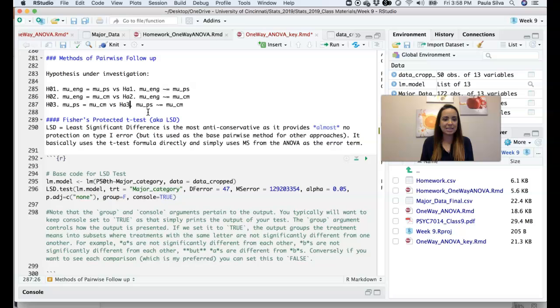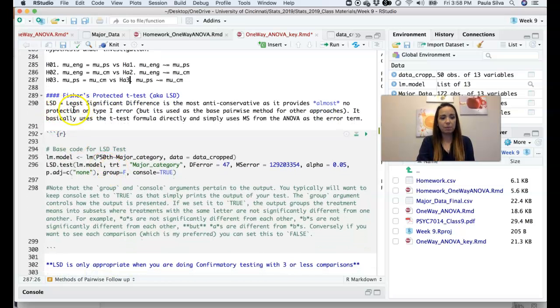So how do I test this? We have some options, and you have to pick the best option when you are doing your independent activities and your exam. So let's look at this. LSD is one of them, and we said this is the least significant difference, and it's the most anti-conservative as it provides almost no protection on type 1 error, but it's used as the base pairwise method for other approaches.